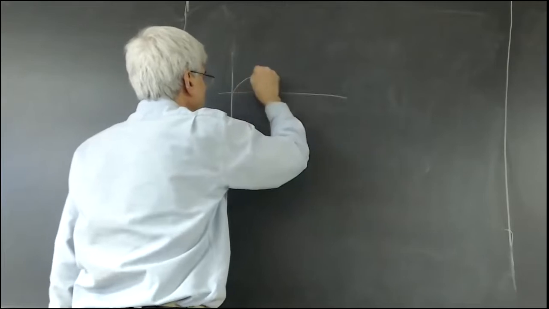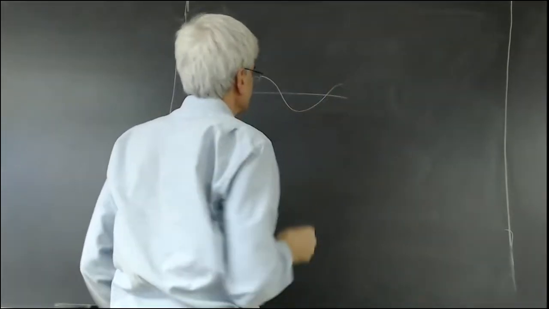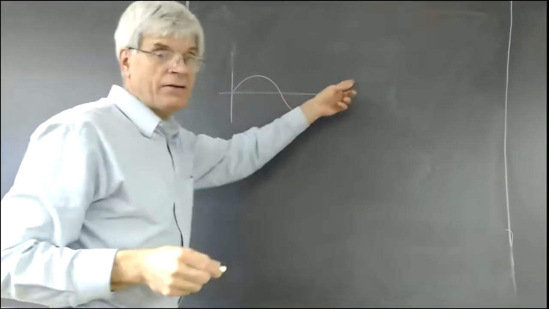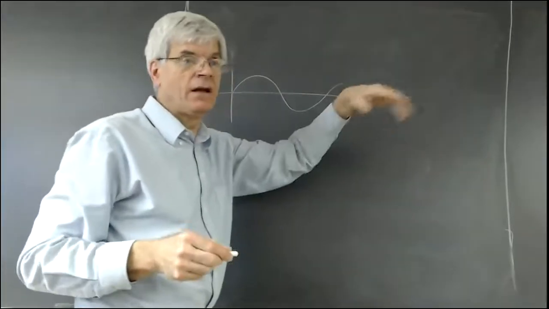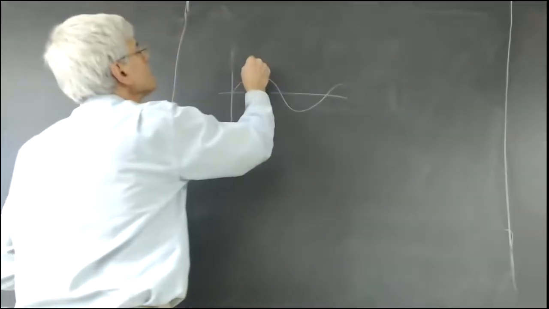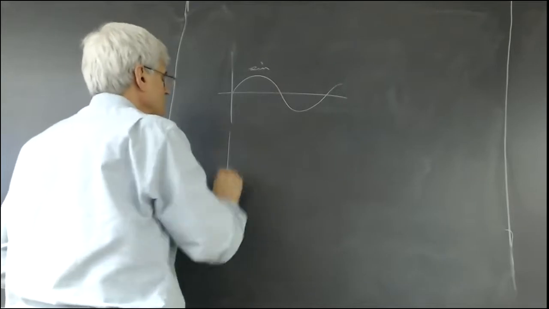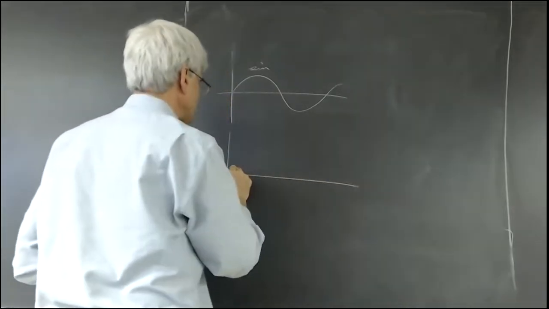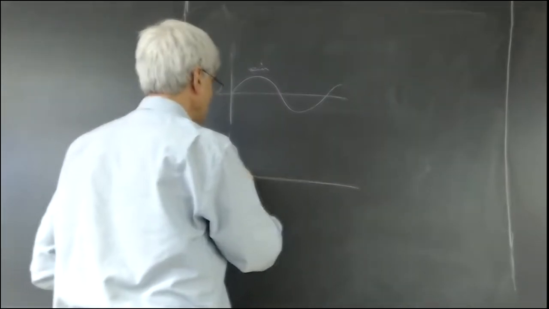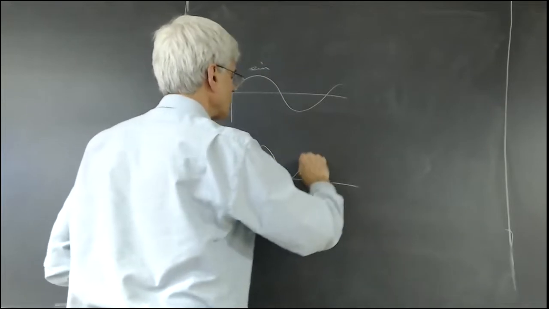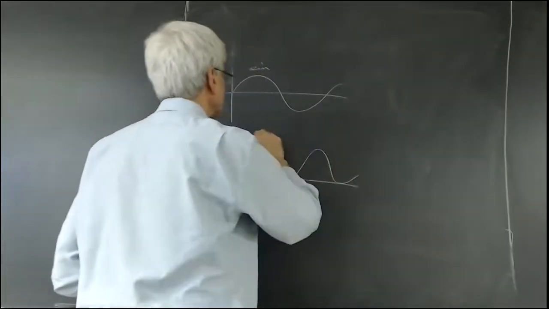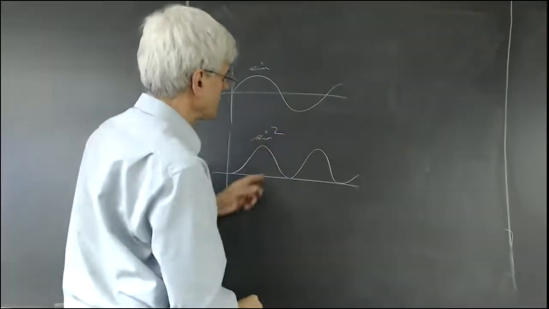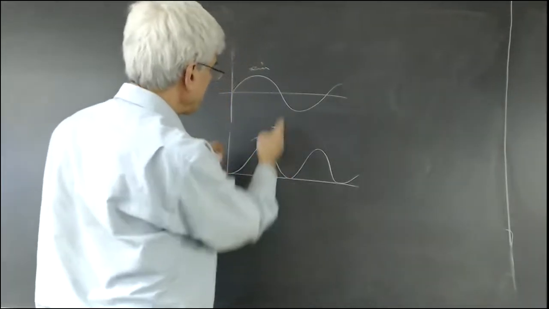Sine wave looks like that. Positive, negative, positive, negative, positive, negative, and averages out to 0. But if you square it, sine squared, I should have made that line up with that.